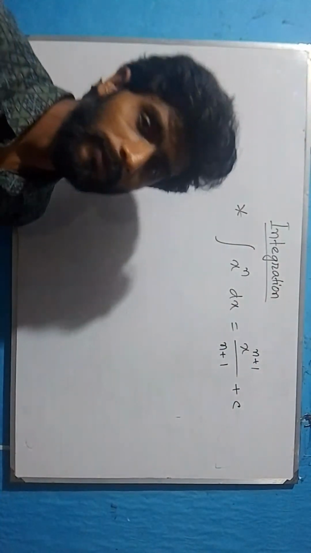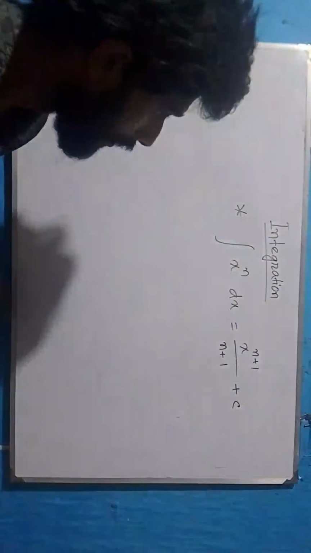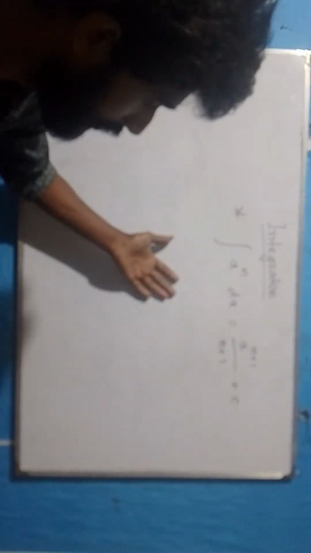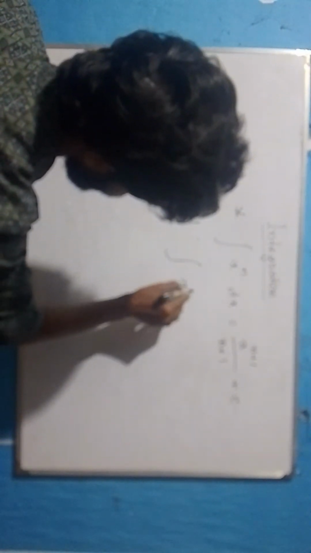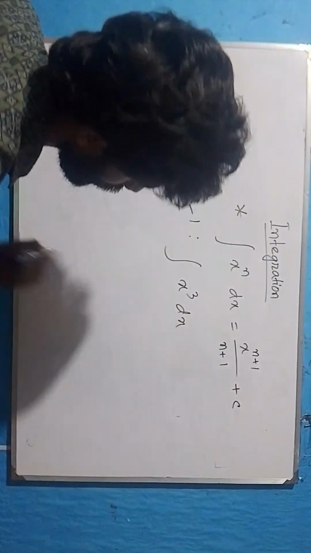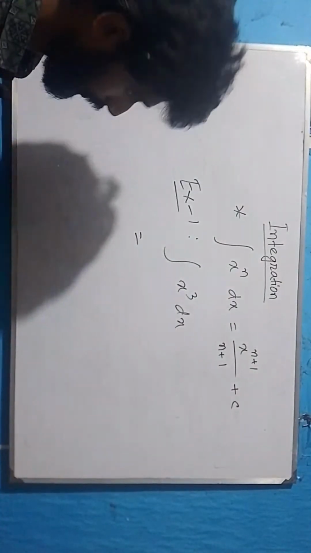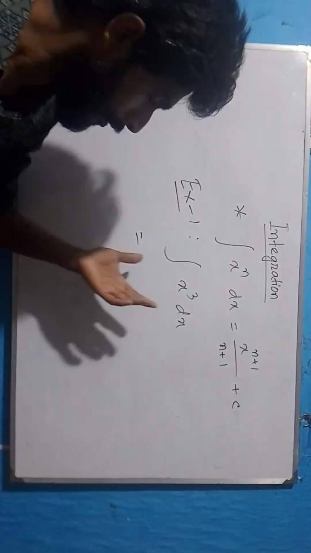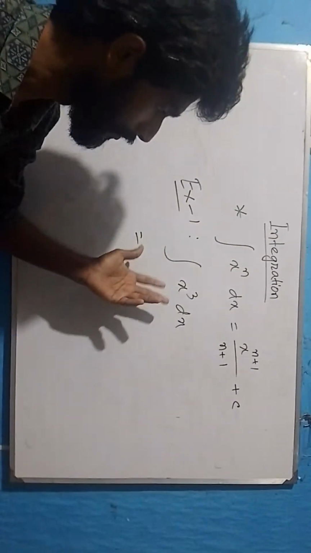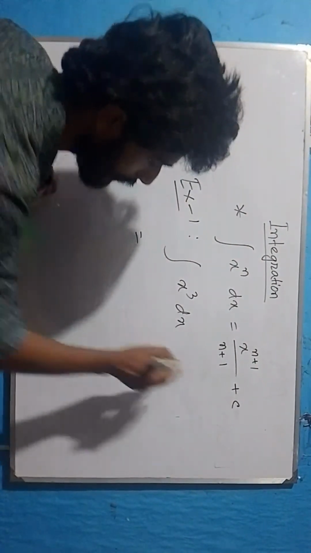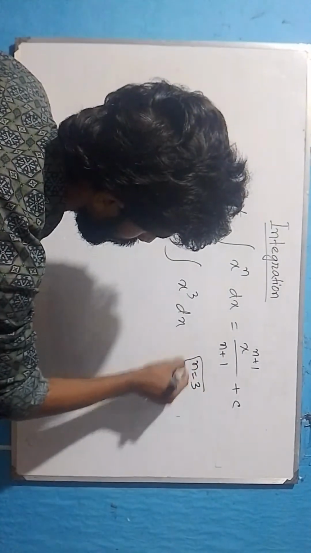So now I will show you some examples on this formula. So our first example, integration x cube dx. Here, if you compare this x cube with x to the power n, then you will get n equal 3.